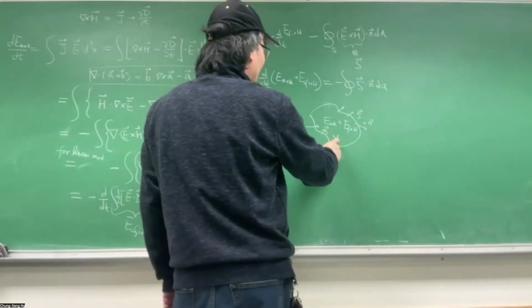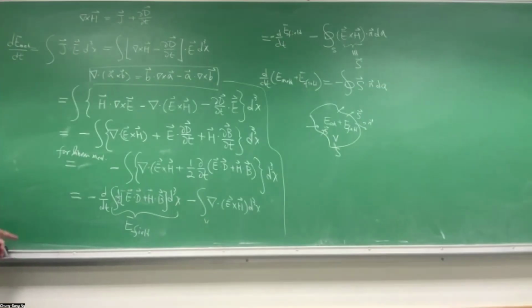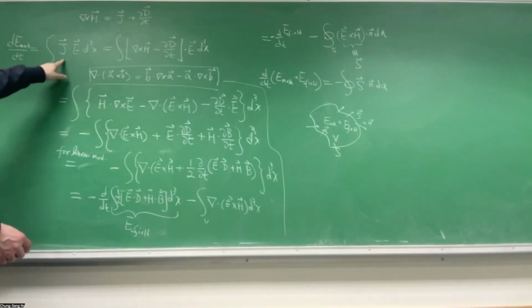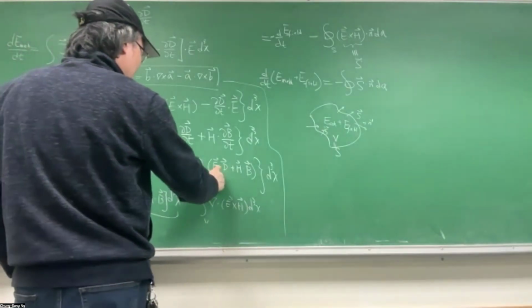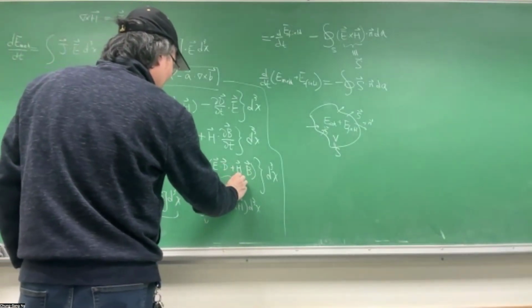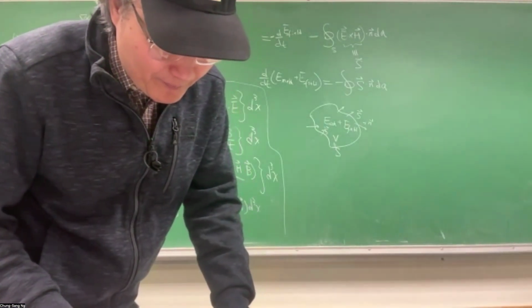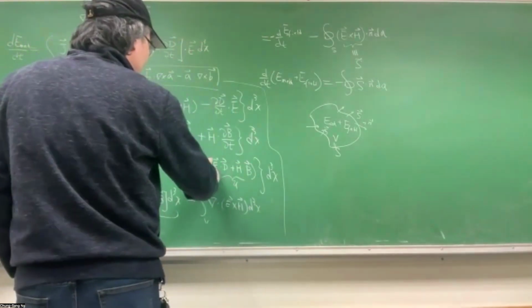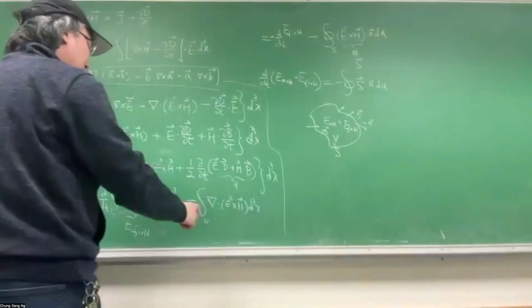But this volume can be arbitrary, so you can also write down the microscopic energy density, microscopic energy conservation by equating the integrand. So you have this one, and now you can define this as energy density. I think Jackson calls it U, just U. Call this, including the 1/2 factor, U. That's the energy density of the field.